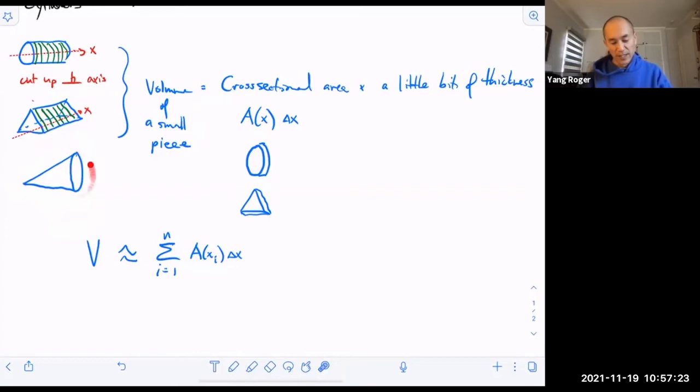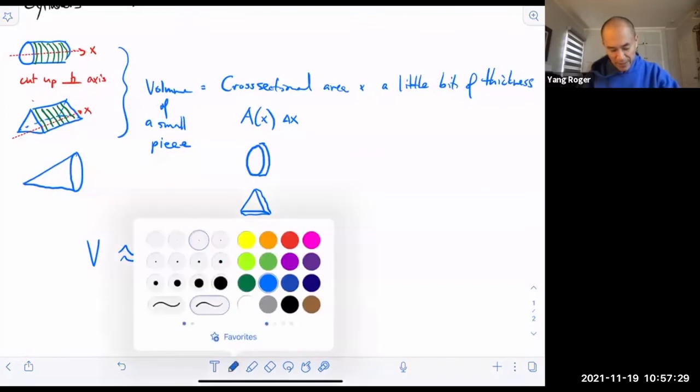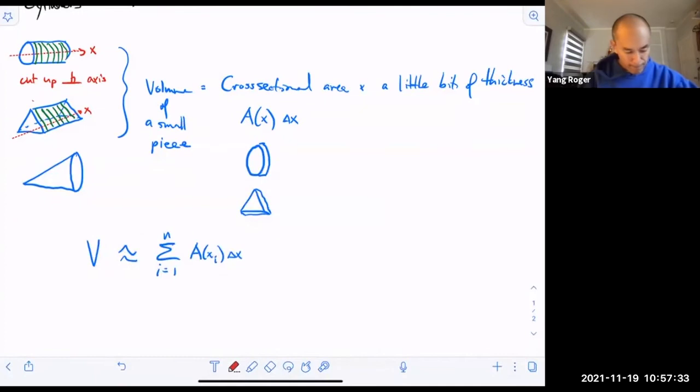This cone is something else that we can find the volume of. So you can imagine that you have this, your axis kind of goes through like this.